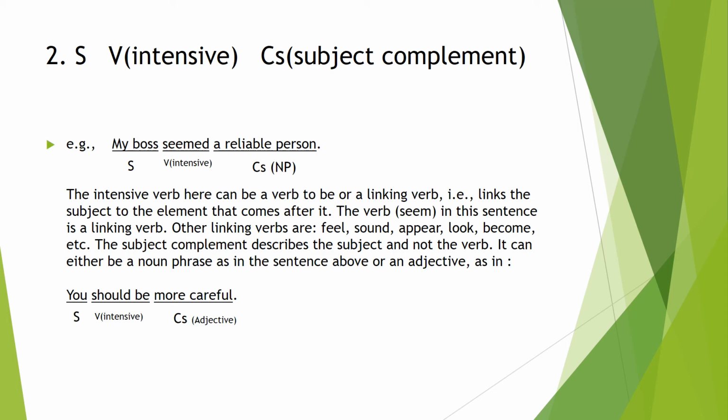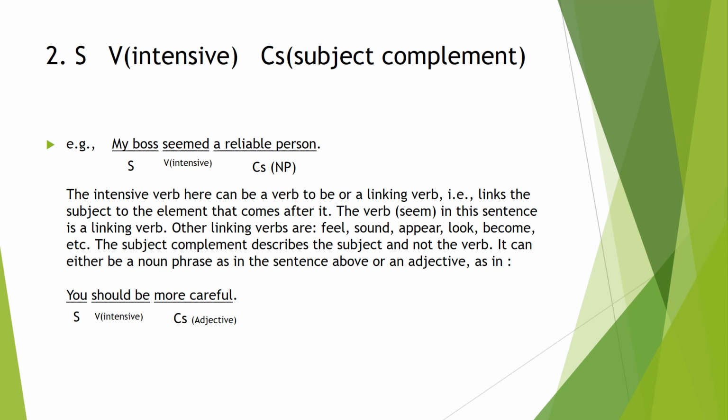So, a reliable person, this noun phrase, completes or complements the meaning of the subject, which means that this noun phrase functions as what? Subject complement. This is one. Second, what is the type of this intensive verb? If you remember, we said in pattern number one, the intensive verbs can either be copular verbs, verbs to be, or linking verbs.